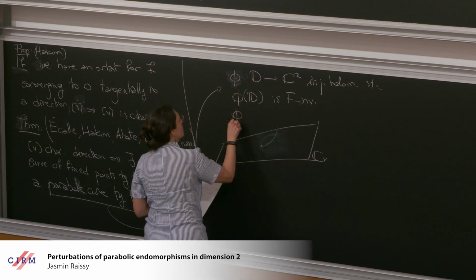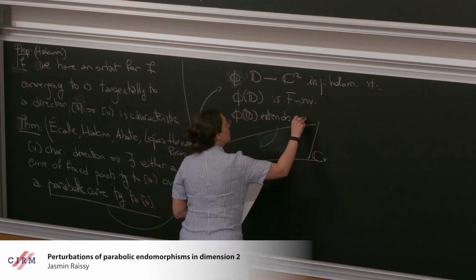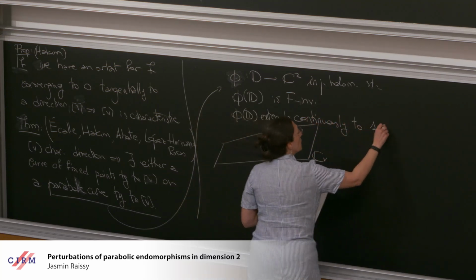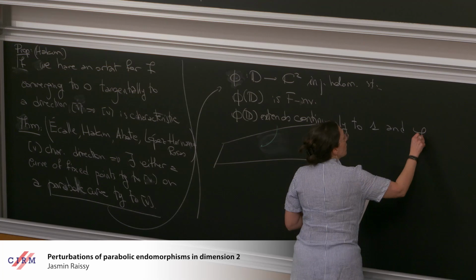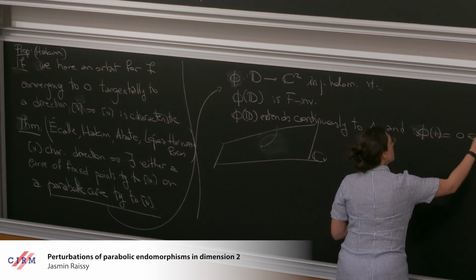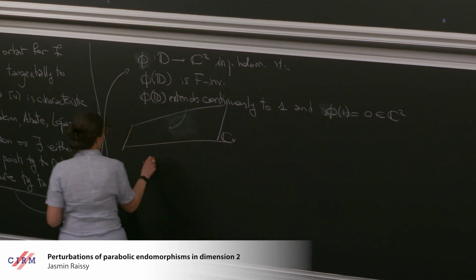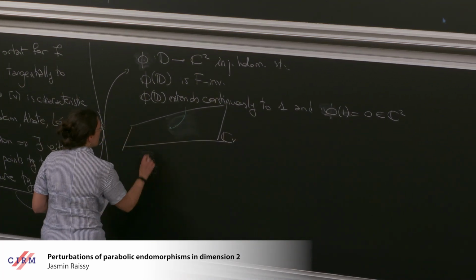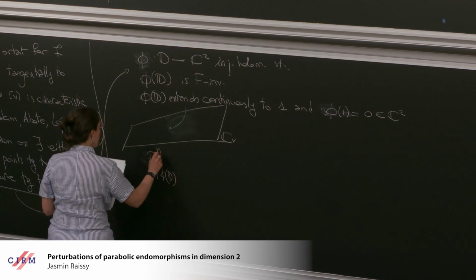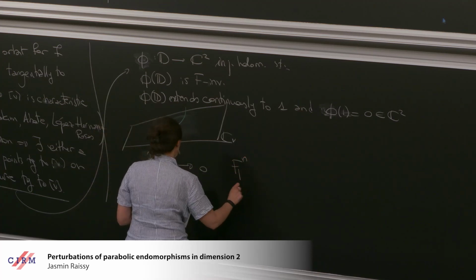It extends continuously to 1, and phi of 1 is the origin in C2. And moreover, if you take F, restrict it to the parabolic curve, and iterate, then you will converge to 0, and you will do it in the direction of V.